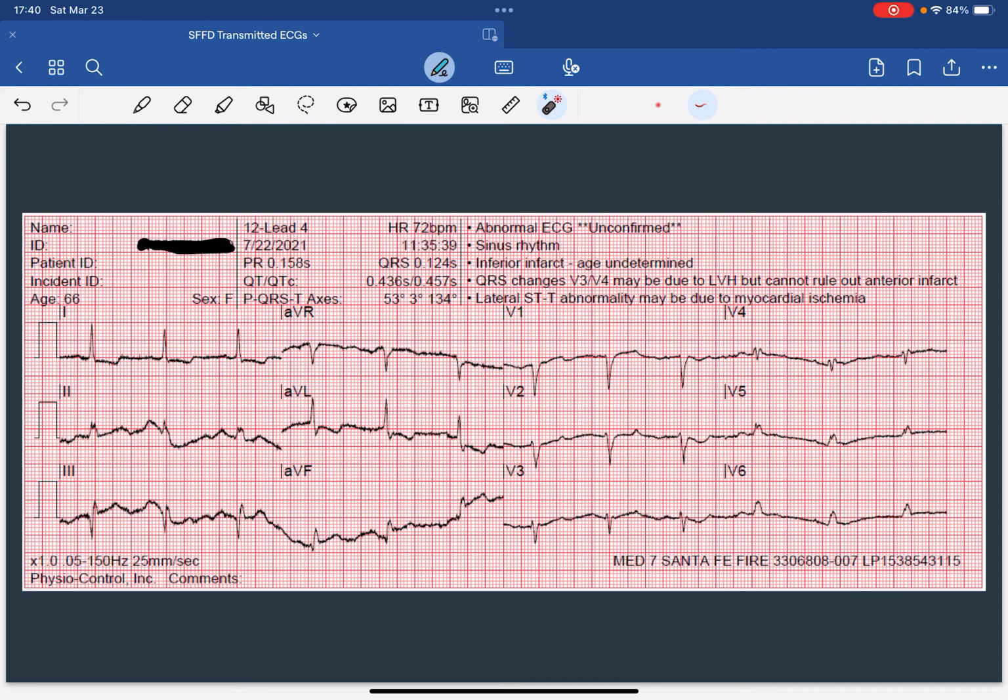All of these can lead you into the diagnosis of STEMI, and this should be enough to at the very least warrant a transport to a hospital, specifically one with PCI-capable services.